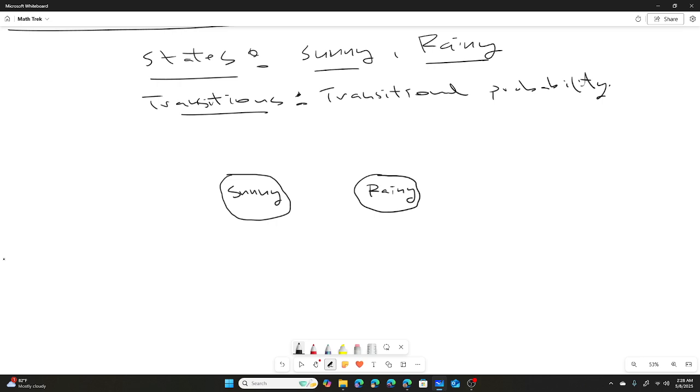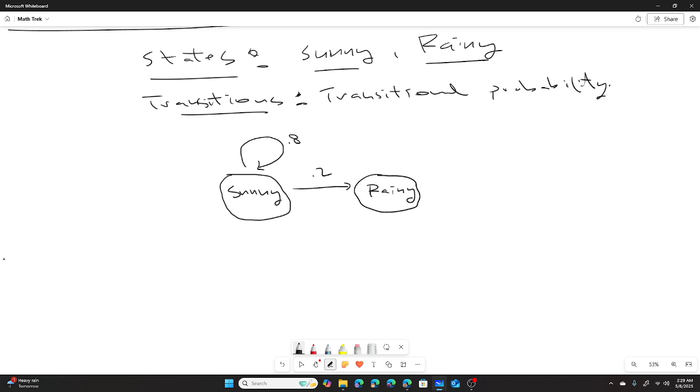Well, let's say the probability that tomorrow will be sunny is 80%, in which case we would say that it's 0.8. But that means that if there are only two states, sunny or rainy, then if tomorrow has an 80% chance of being sunny, there is a 20% chance that it's going to be rainy. So it's going to be 0.2.